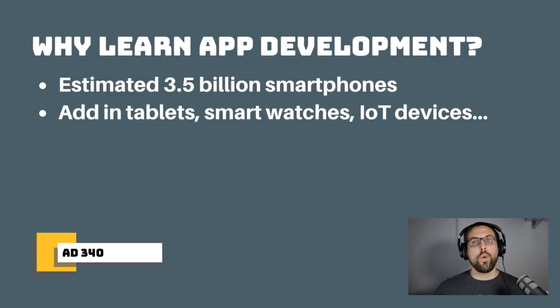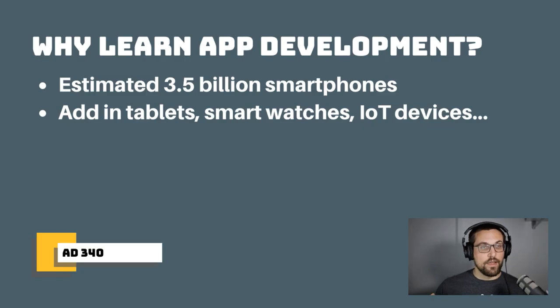So why should we learn app development in the first place? Why pick app development as opposed to desktop development or backend development or machine learning, anything like that? Well, there's a few things that stick out about app development that I find particularly interesting, and that place it uniquely within some of these other disciplines.